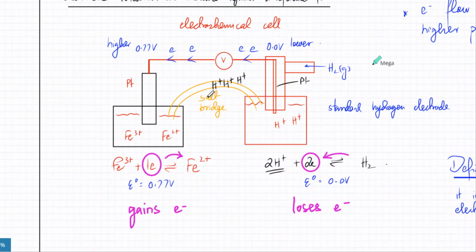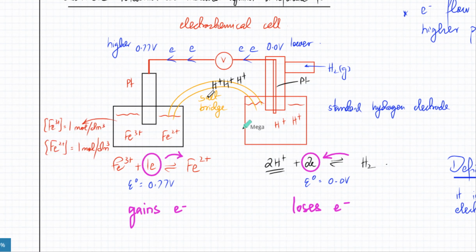Because if you're trying to measure the standard potential, then for example, over here in the solution, you're going to state that the concentration of Fe3+, and concentration is represented by square brackets, is going to be 1 mole per decimeter cube. And the concentration of the other ion is also going to be 1 mole per decimeter cube.